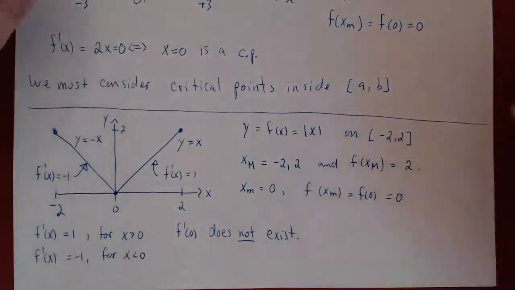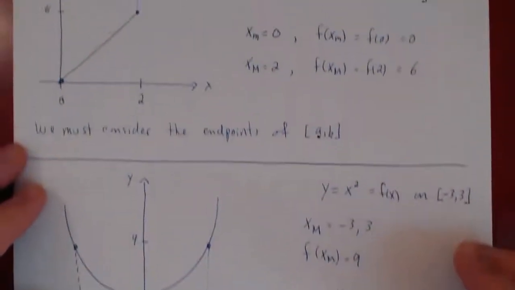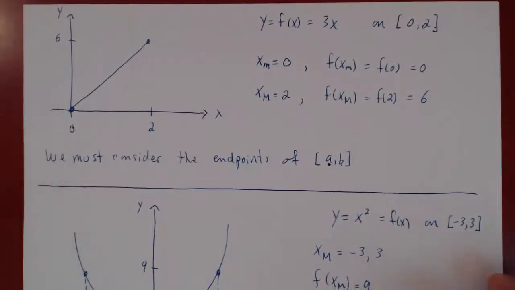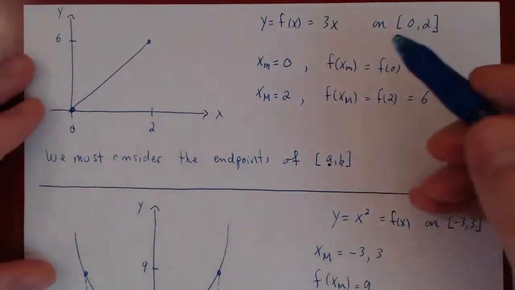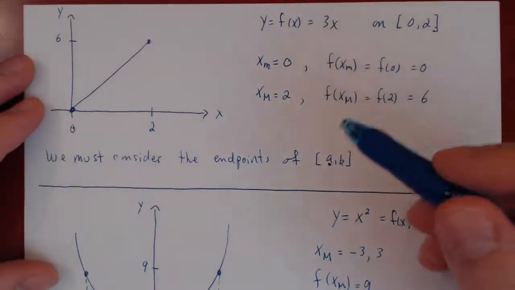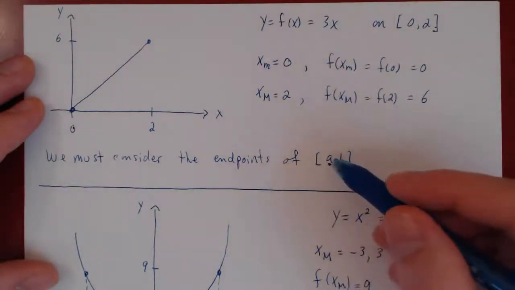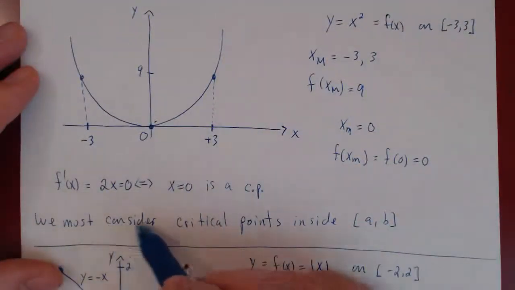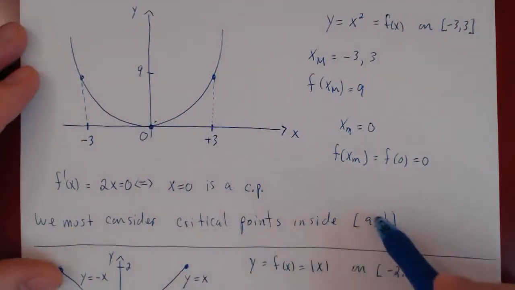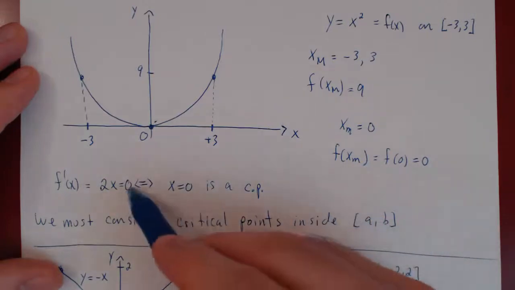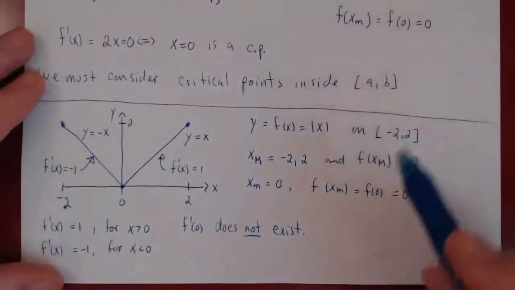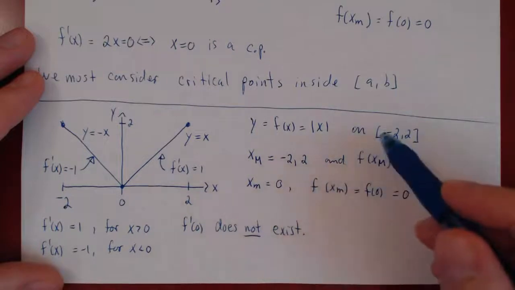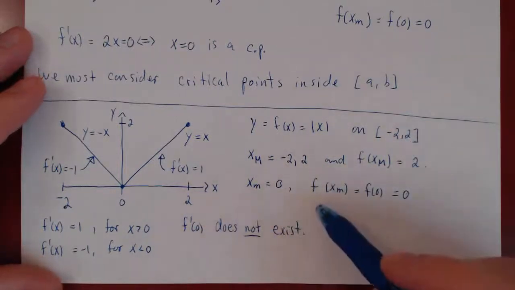And so you see right now, we have three examples. And we said if we have a function that is continuous on a closed and bounded interval, a maximum value and minimum value will occur at either an endpoint of the interval, at a critical point inside the interval where the derivative is 0, or at a critical point inside the interval where the derivative is undefined.